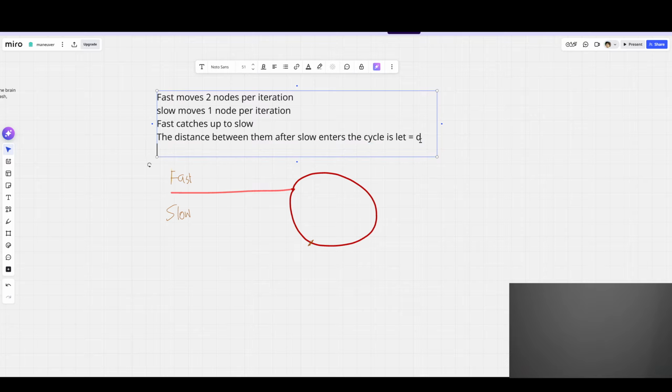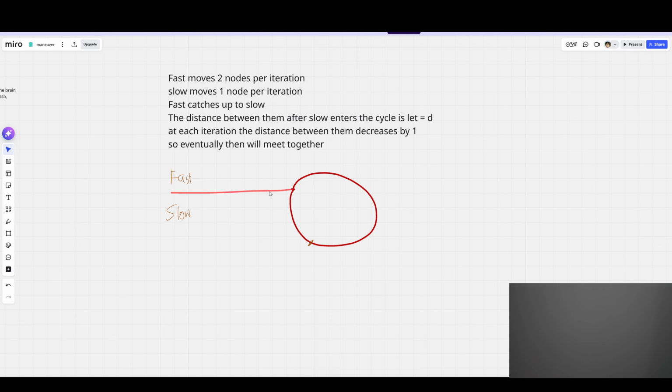If the distance is t, at each iteration it shrinks, so eventually they will meet together. So that's the core idea.